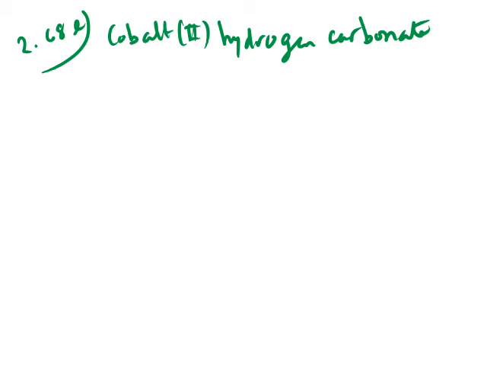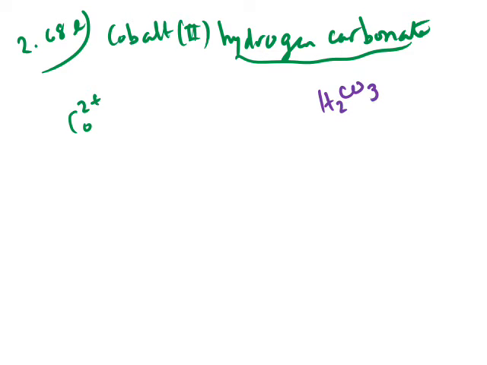Now that 2 in parentheses means cobalt has +2. So let's write down Co2+. Now I need to know the negative charge on hydrogen carbonate. So the question is, how do I do that? Think about the acid that has carbonate. We know the acid that has carbonate is H2CO3.